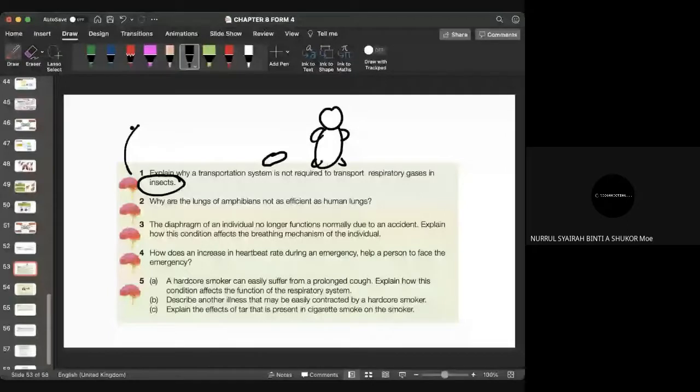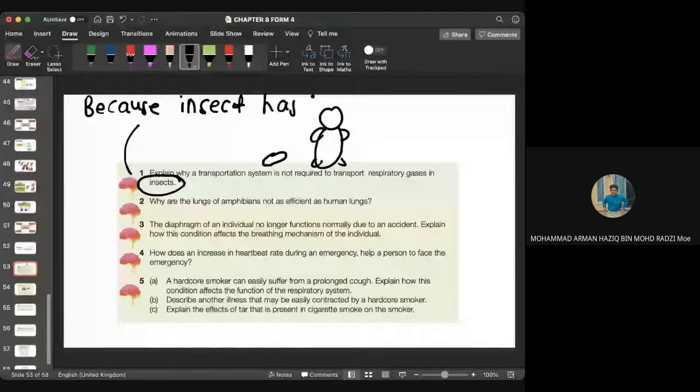Because insect has smaller volume. Volume over total surface area.